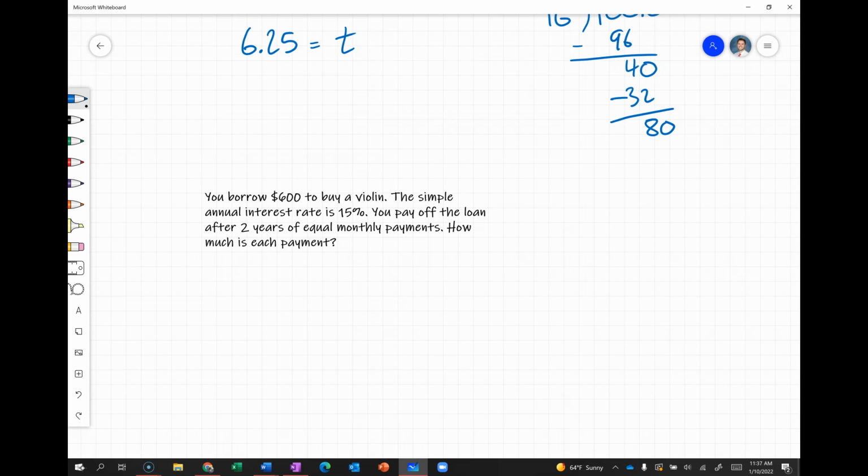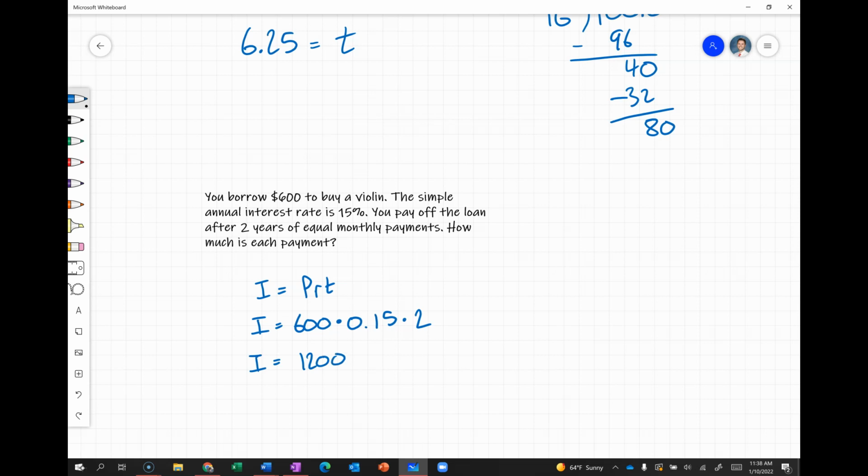So first, right, we're going to use our equation, I equals PRT. So the simple interest, well, we need to find that first, right? We know the principal is $600. We know the rate is 15%, so that's 0.15. And we know T, the time, is 2. So again, some mental math, 600 times 2 would be 1,200.